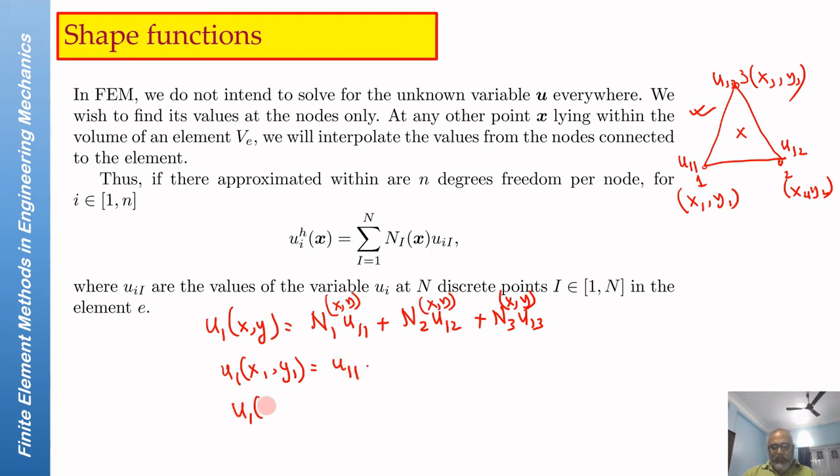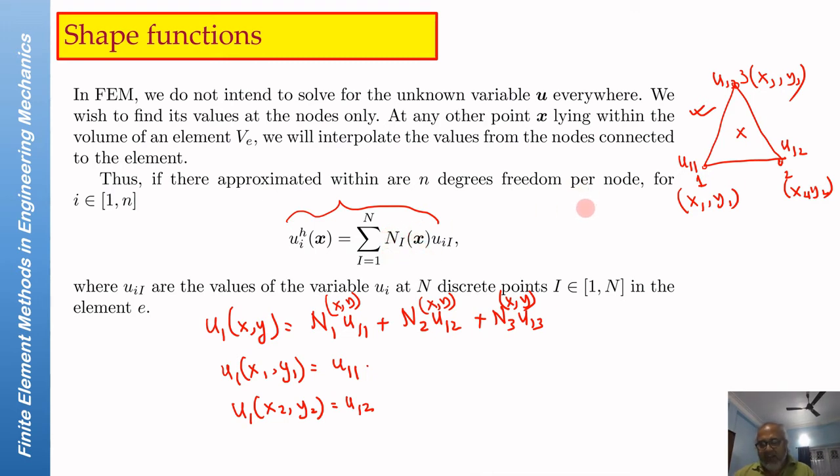Similarly, if I want u1 at x2, y2, then n1 at x2, y2 is 0, n2 at x2, y2 is 1, n3 at x2, y2 is 0 again. So I get u12. So just to ensure that this interpolation gives the correct values at the nodes, we must make the shape functions satisfy the Kronecker delta property.